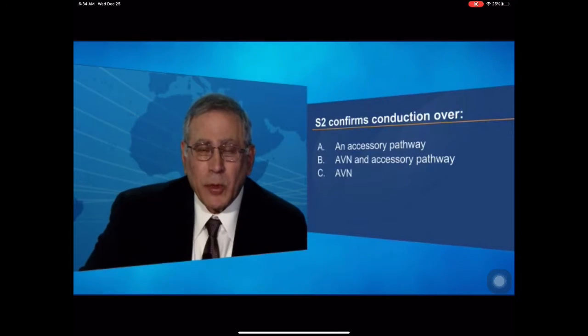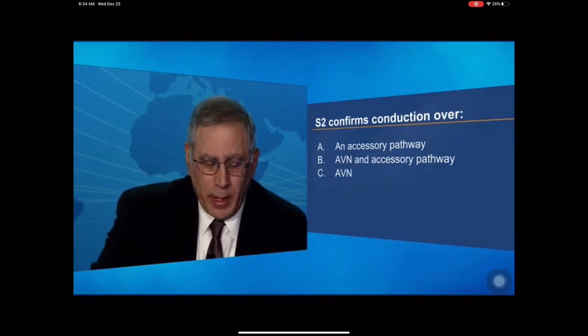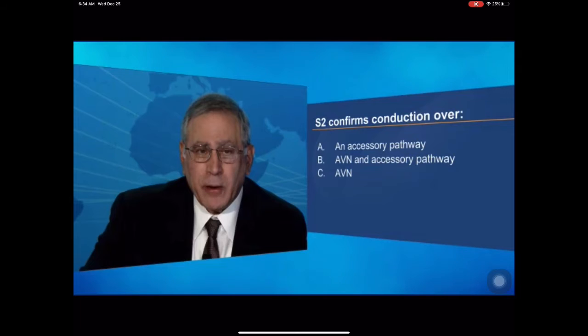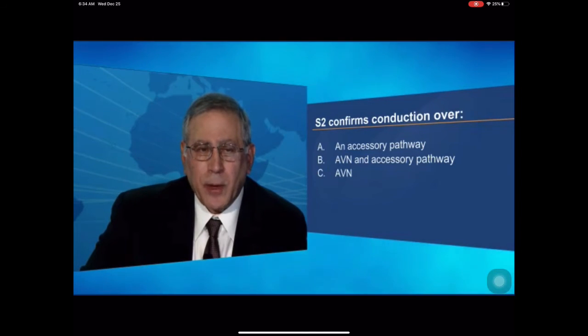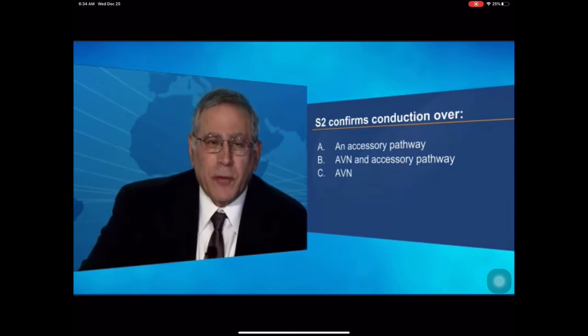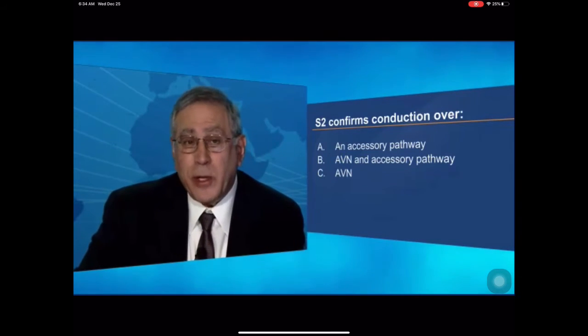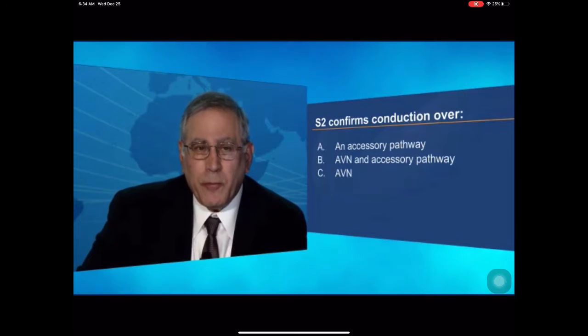Understand that I'm not ruling out AV node conduction at a different part of the study. The question specifically says, what do you confirm? And the only thing you've confirmed here with the premature beat is conduction over an accessory pathway. So I don't know in Brazil if they're going to try to fool you like we do here sometimes, but you won't be fooled anymore because you now know how to make this measurement.